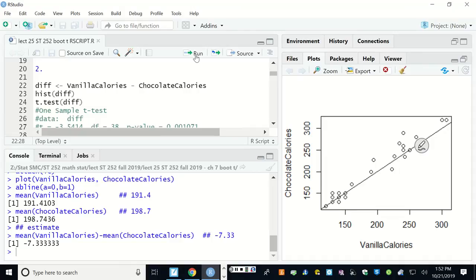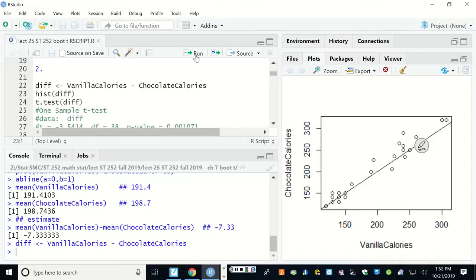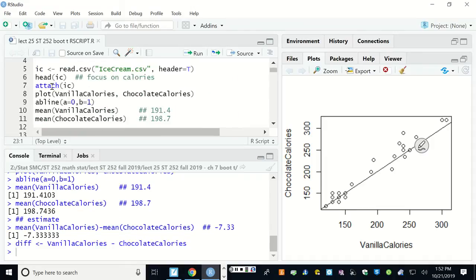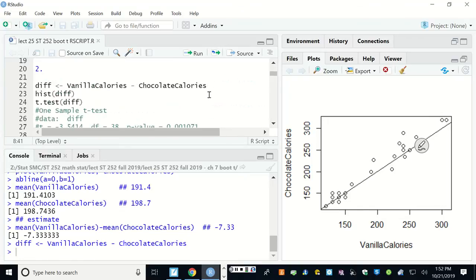And so to do that, I'll take differences. This works because I had attached that variable, so I can just refer to the column names in there. If ever you're running something and it says you can't find vanilla or can't find chocolate, don't be sad. You just have to attach it. And I imagine, telling a kid that there's not any ice cream of a certain type. Oh well, it's there.